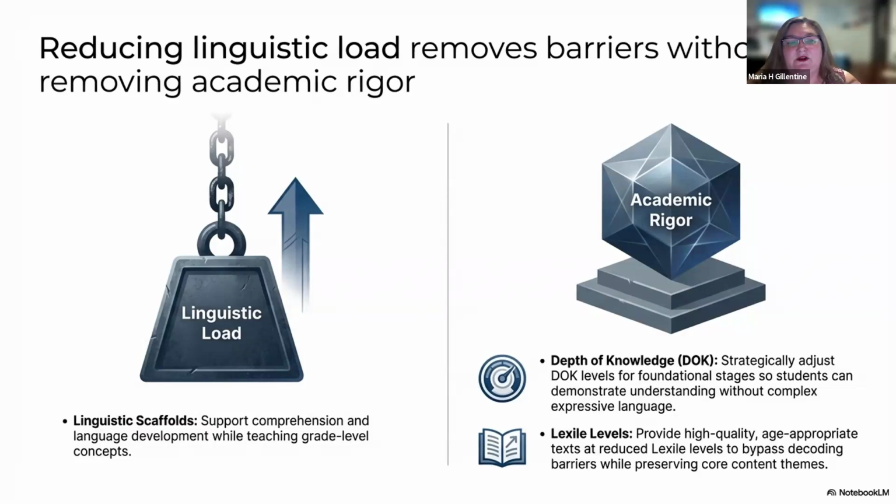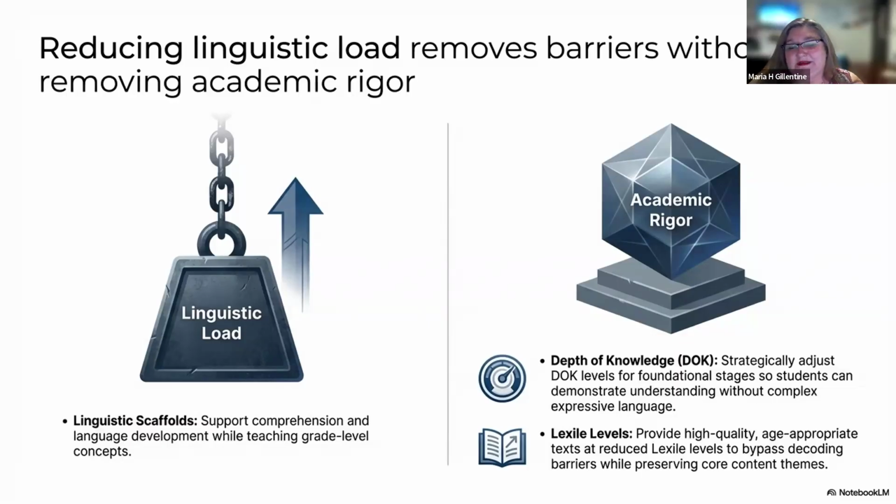So strategies may include adjusted lexile levels, intentional scaffolds, and thoughtful use of depth of knowledge expectations. The key question is, what language barrier is preventing access, rather than how can I make this easier?